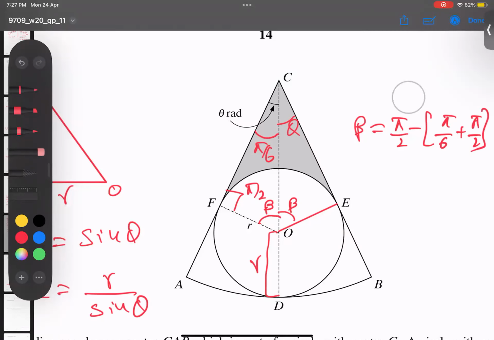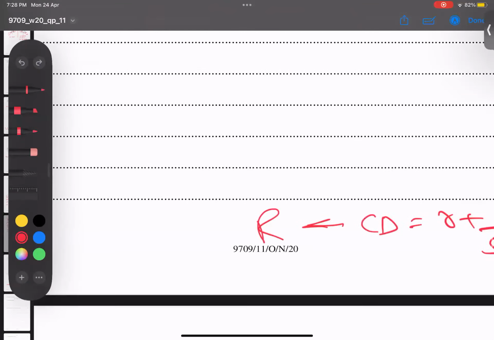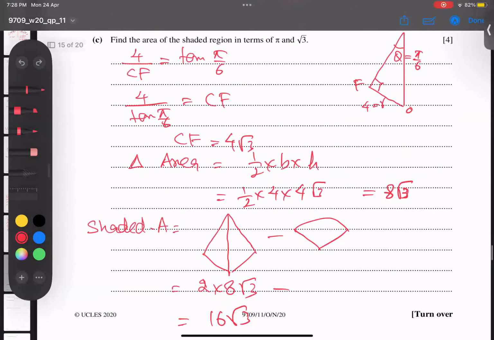No, this is not 90. This is 180 degrees. Because from 180 degrees I have to subtract, and I get pi by 3 automatically. You can check, I get this pi by 3. If this is pi by 3, students, this total becomes 2 pi by 3. So this full angle is 2 pi by 3.